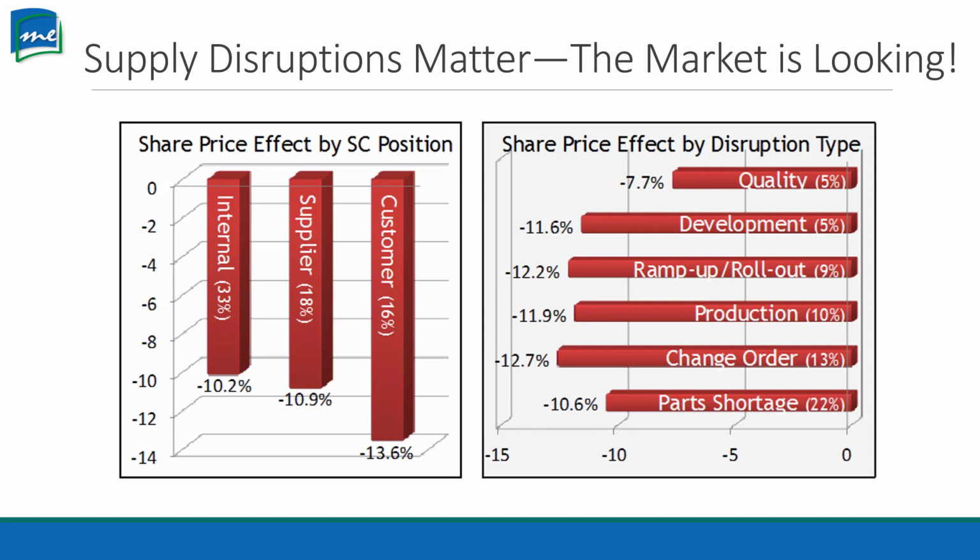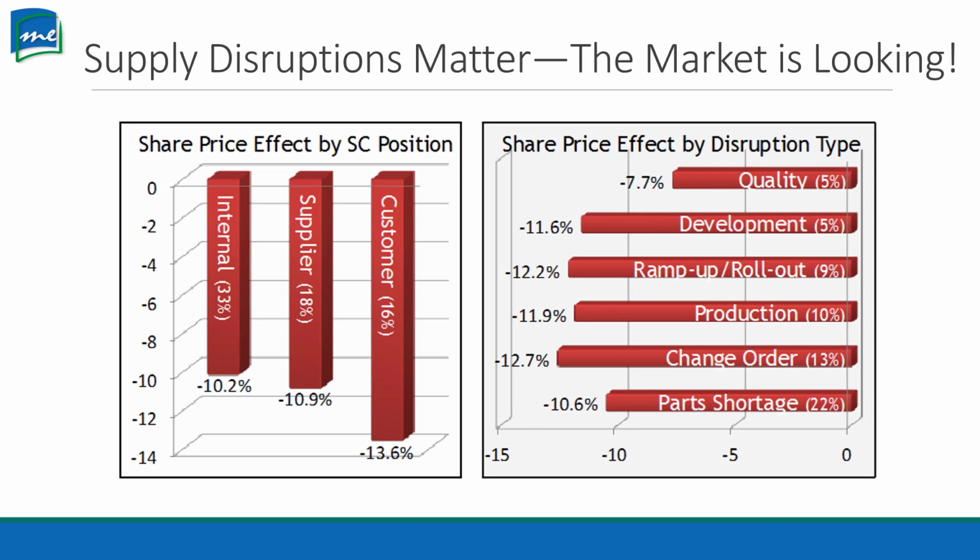And then part shortages, which happens about 22% of the time, you're going to see a 10.6% drop in your share price. So the stock market really doesn't like supply chain interruptions. If your company is publicly traded, looking at all the numbers, you're going to see roughly a 10% drop in your share price, which can be huge for some companies.